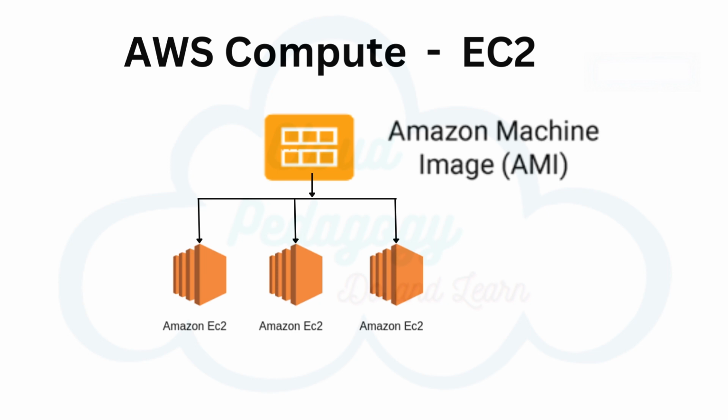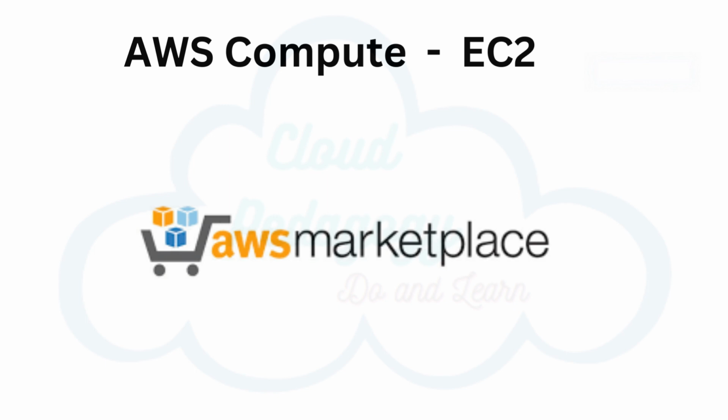You can launch one or many instances from a single AMI, which would create multiple instances that all have the same configurations. Some AMIs are provided by AWS, whereas others are provided by the community and can be found using the AWS Marketplace.